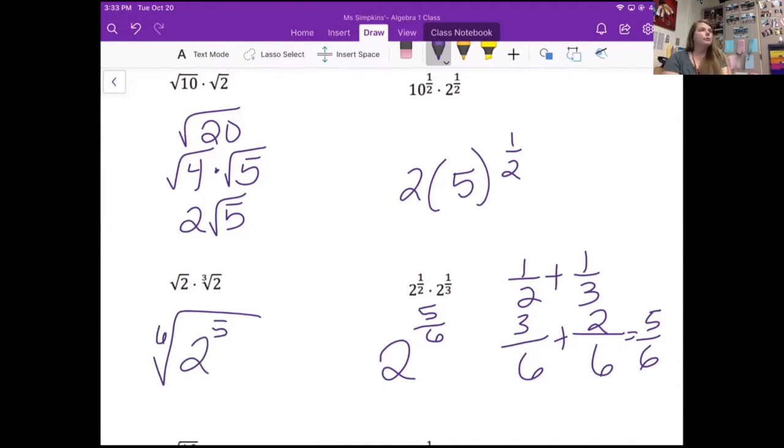Our 6 is our root, so that's why it goes outside the radical, and then 2 to the 5th power. I would like you to simplify 2 to the 5th power. 2 to the 5th power means 2 times 2 times 2 times 2 times 2, which is 32. So our final answer for the radical version is the 6th root of 32. That's how you would read that.